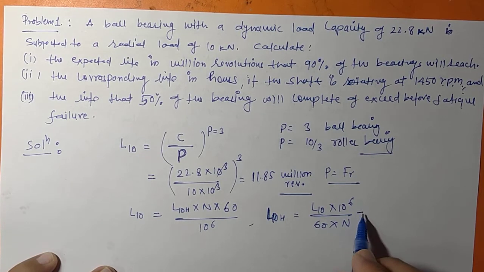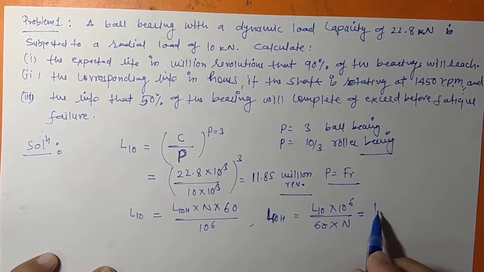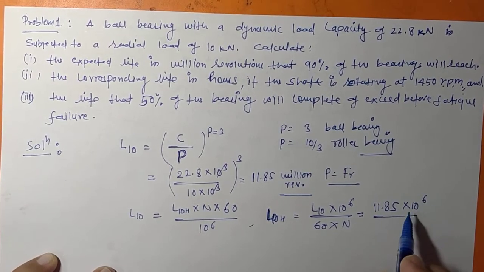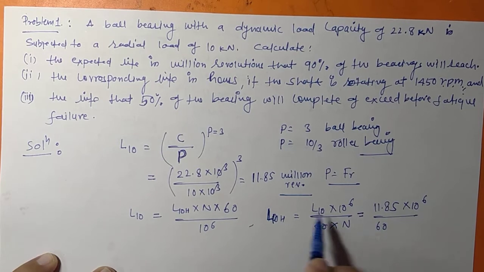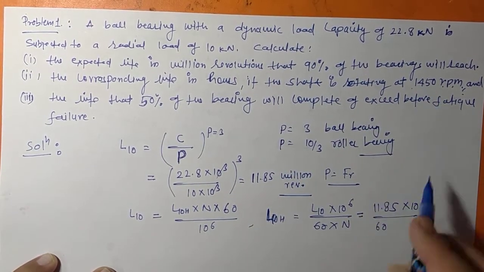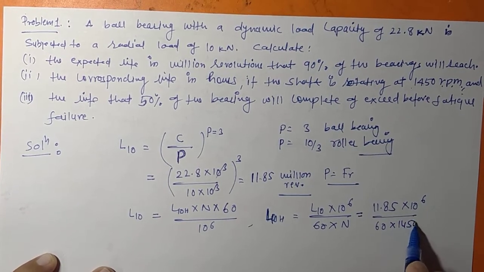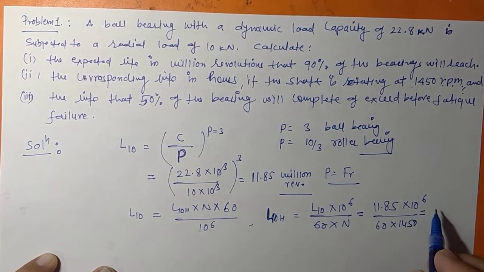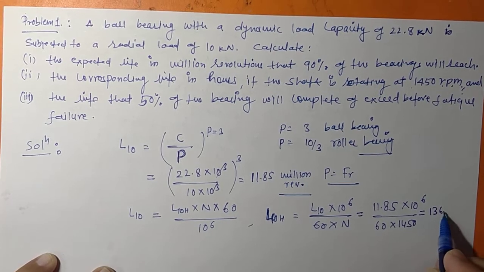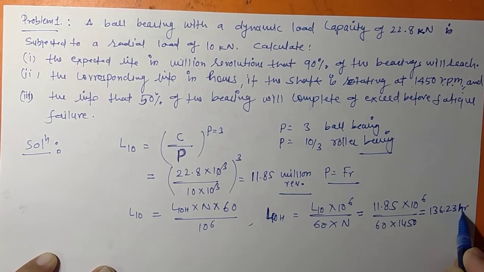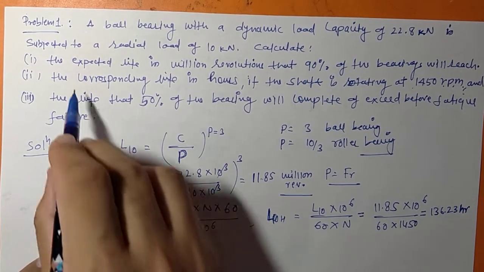So this becomes 11.85 multiplied by 10 raised to power 6 divided by 60 into 1450, the speed of the shaft. So on calculation we'll have 136.23 hours. This is our answer for the second part.